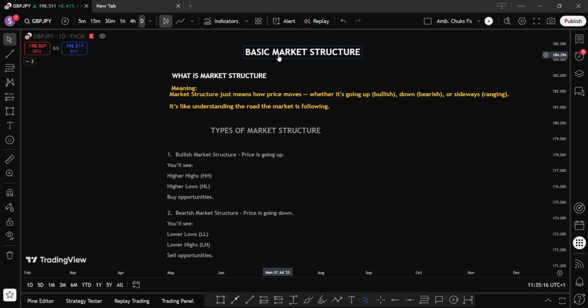When we talk of the word structure, let it not get complicated. For instance, there is a structure that shows that you're a human being. If you bring a skeleton of an animal, even though the animal is not there, the skeleton shows the structure that this is an animal.